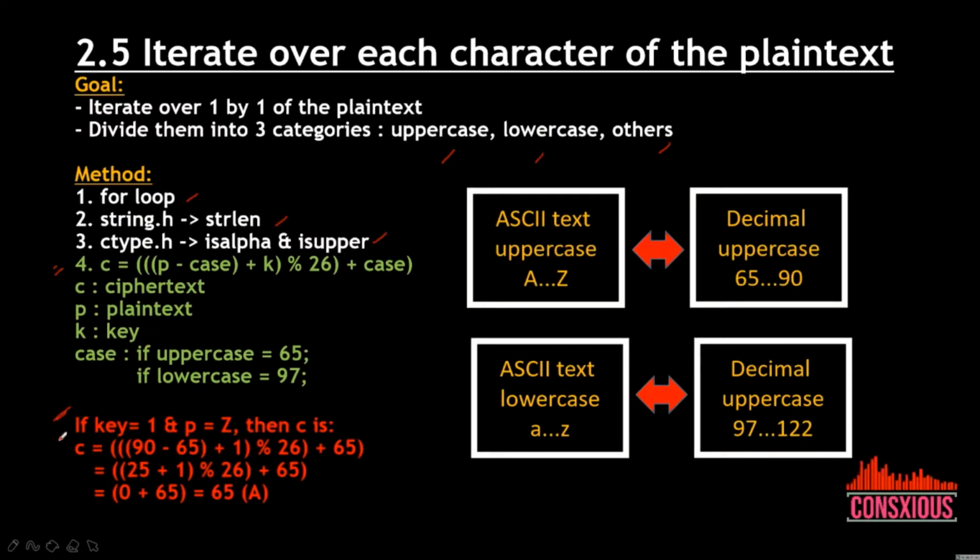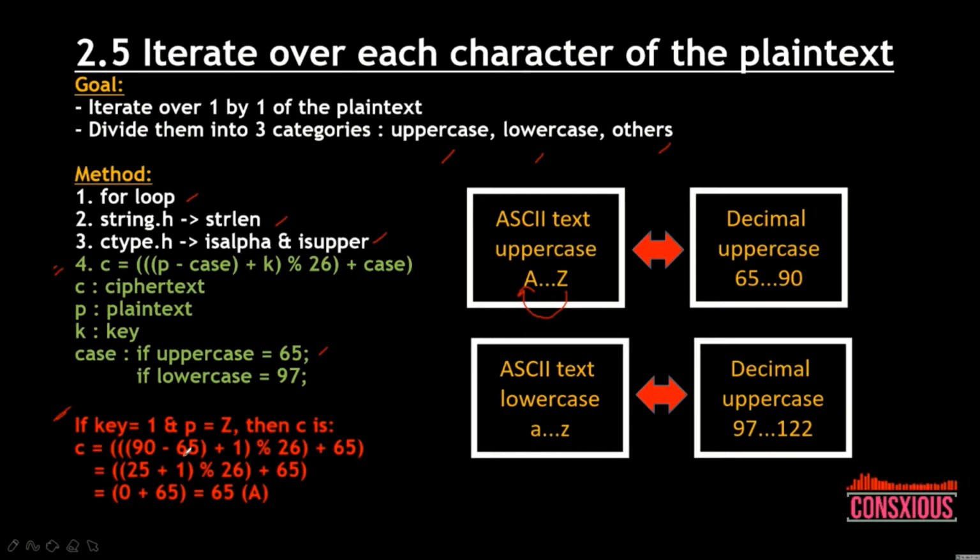This is an example to let you understand more. So if the key is 1 and P is the uppercase Z, then what is C? The C should actually go back to A, as the requirement says. You can see Z is actually 90, so we put 90 here, minus the case, which is uppercase, that's why we use 65.